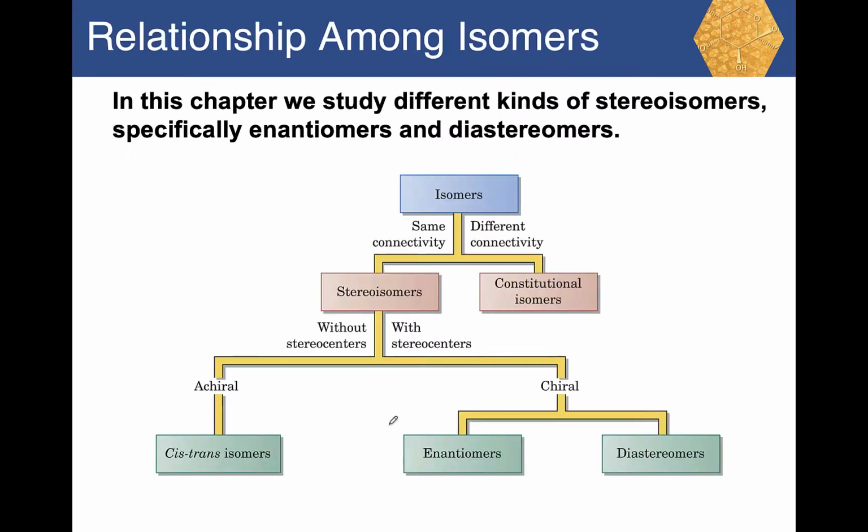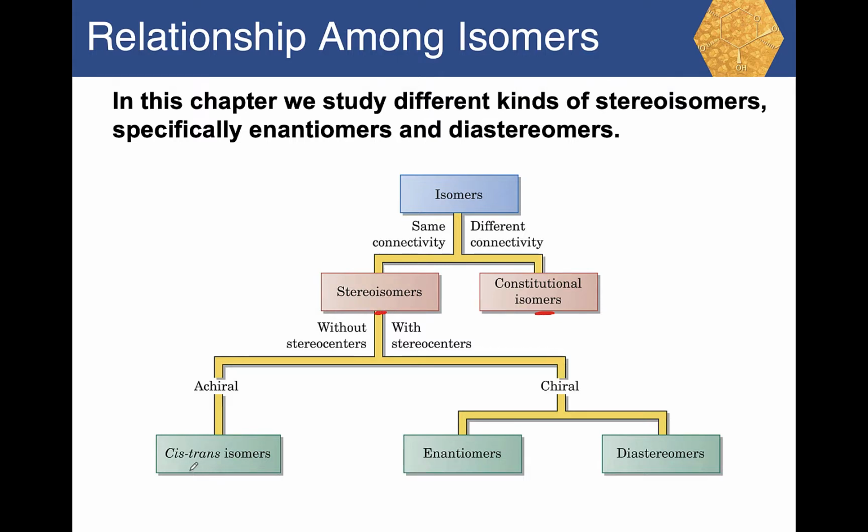So let's see if we can summarize this. So we have isomers. And of course, as we have described in the previous slide, we have two types of isomers. One is the constitutional isomers, and the other is the stereoisomers, where they are arranged differently in space, or the orientation in space is different.